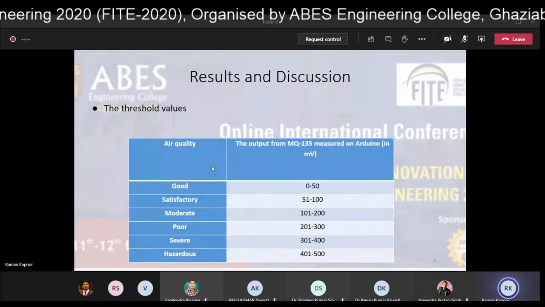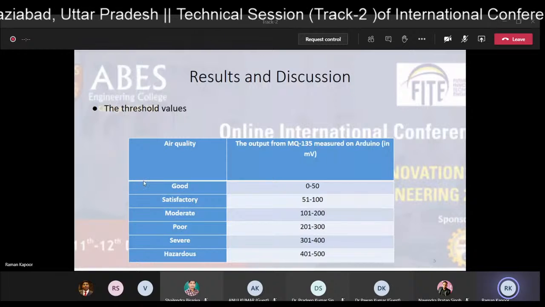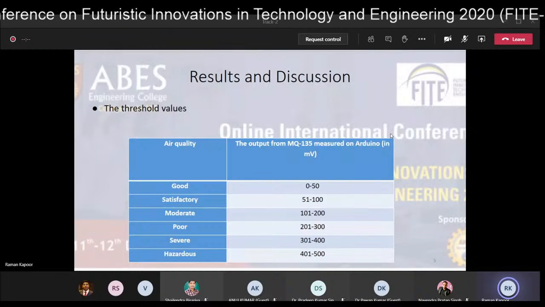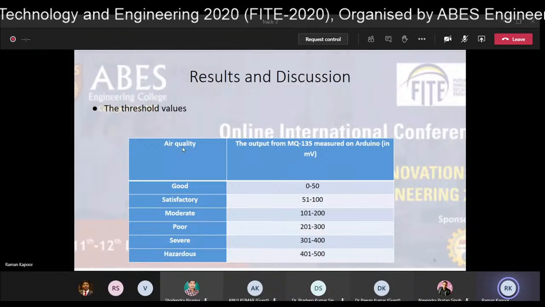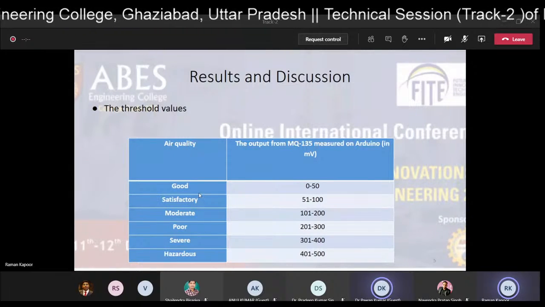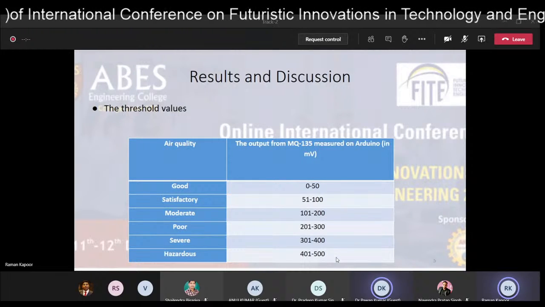We have monitored air quality at different positions. This is not data taken from literature; this is actual data which we have observed. At different places, we measured the air quality and took the output from the sensor network.